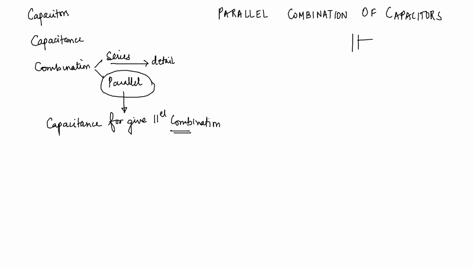See, this is capacitor number 1, then this is capacitor number 2, this is capacitor number 3. These all capacitors are having the same node, same junction. The current flowing from here, here and here is coming and passing through the same junction, though the charge over here and over here is different.